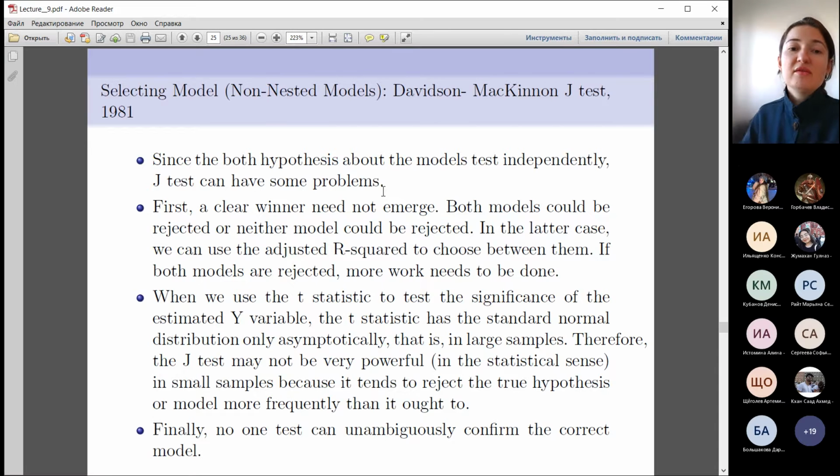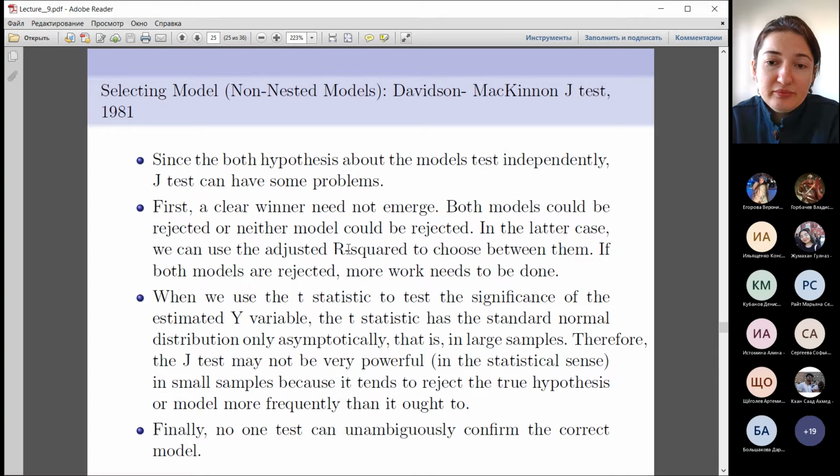Or, for example, neither model could be rejected. So if neither model could be rejected, it's not so bad. If both models could be rejected, yeah. Because in this case, you can use, for example, adjusted R-square or some information criteria to choose which model will be better.